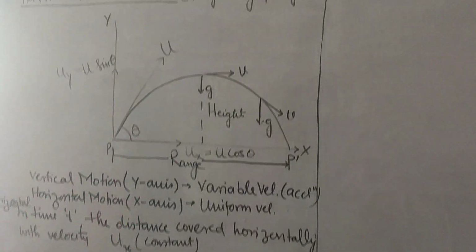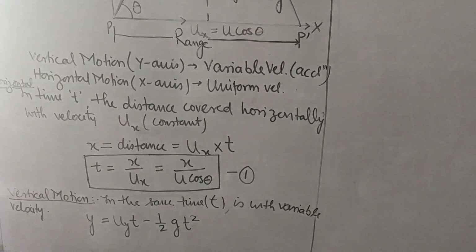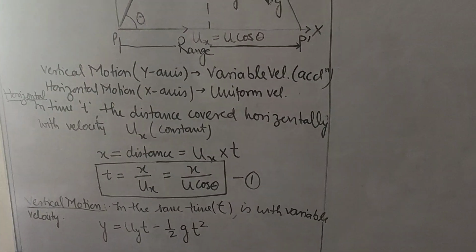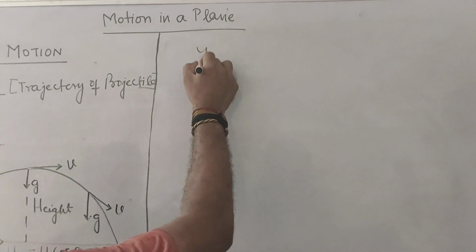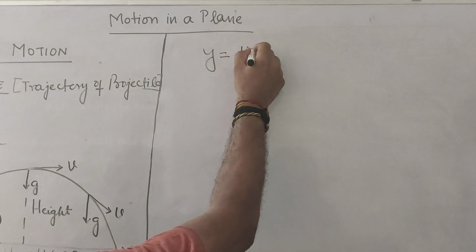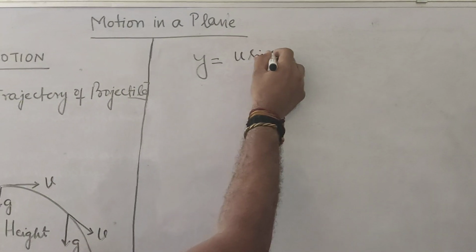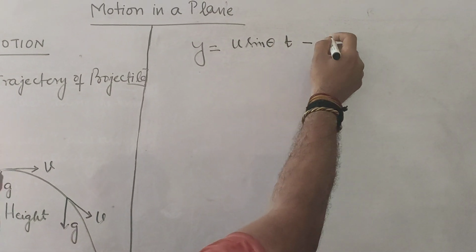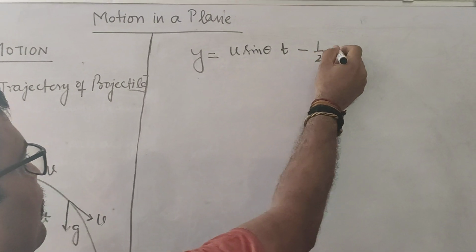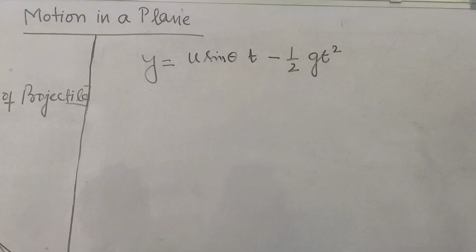Vertical velocity will be u sin theta. So now y equals to u sin theta into t minus half gt square.